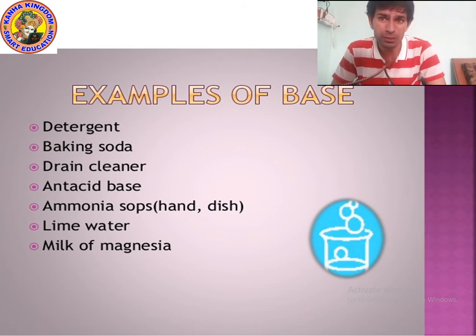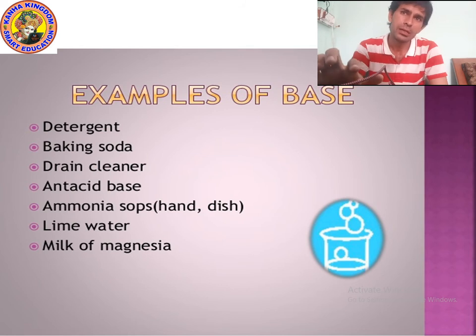We do it because tasting anything is not a good idea. Maybe they may be poisonous. If you taste the detergent, how will you feel? You should not taste detergent. That's why we do the litmus paper test.